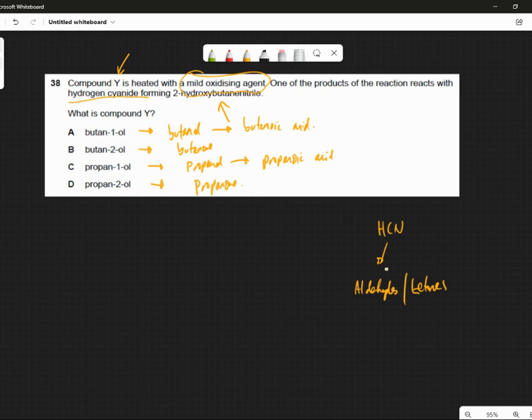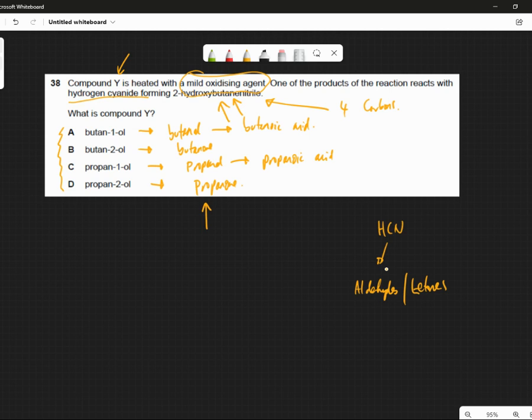Now, which one of these is going to end up with 4 carbons? Because if we oxidize the starting material, the number of carbons doesn't change, but the final product, after we've reacted it with HCN, has 4 carbons.